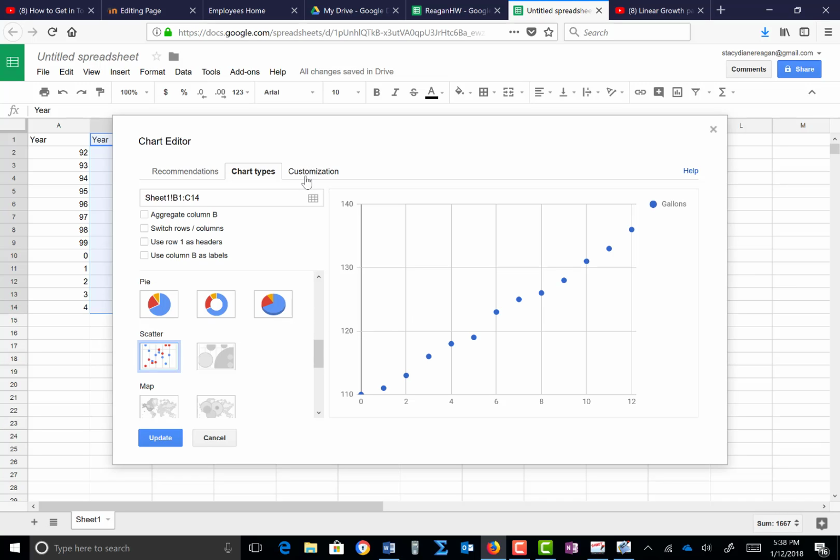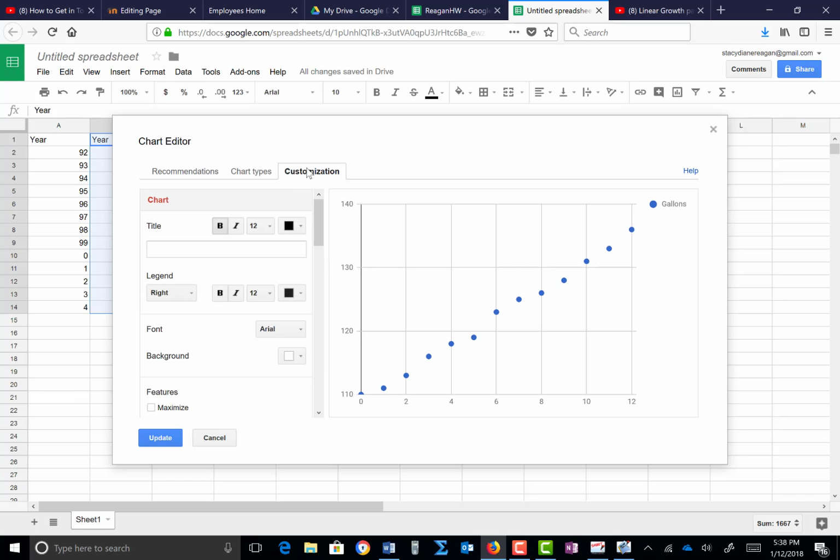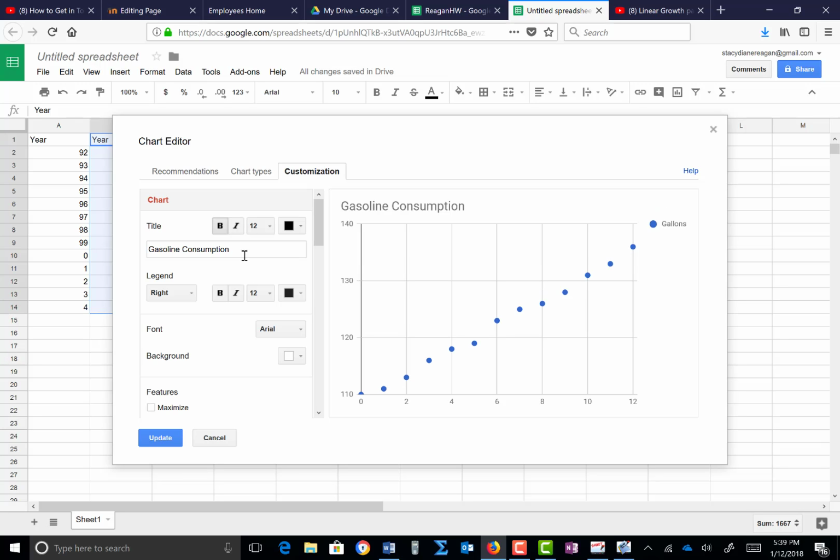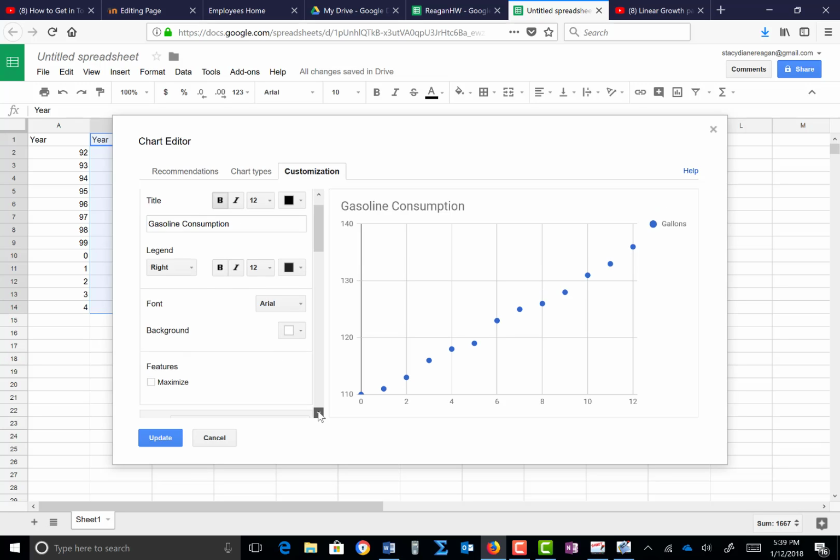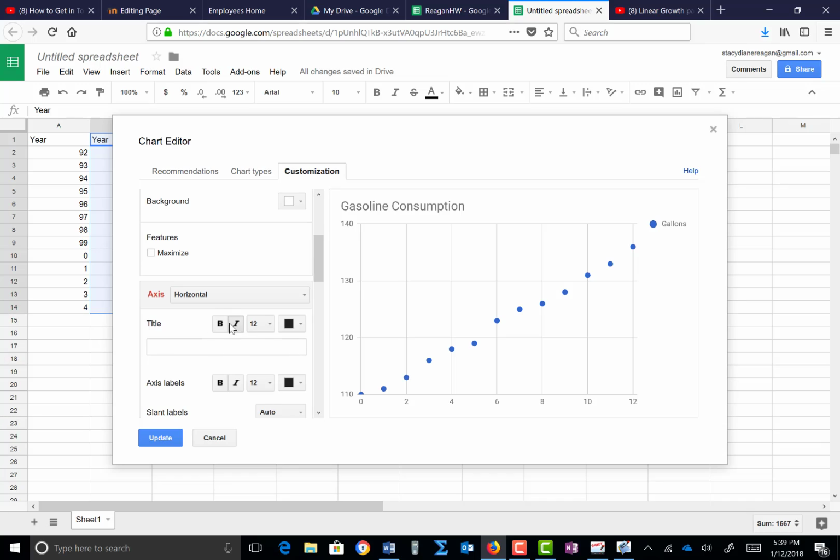Now we're going to do customization. I'm going to make it pretty. I'm just going to give it a title: gasoline consumption. On the horizontal axis, which is this one here at the bottom, these are your years.